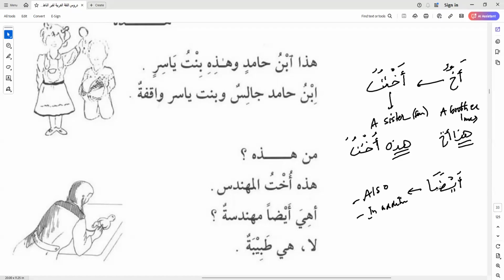When it starts a sentence, it's like also, in addition, or furthermore. هي أيضا مهندسة. She is an engineer too. هي أيضا, she is also an engineer.